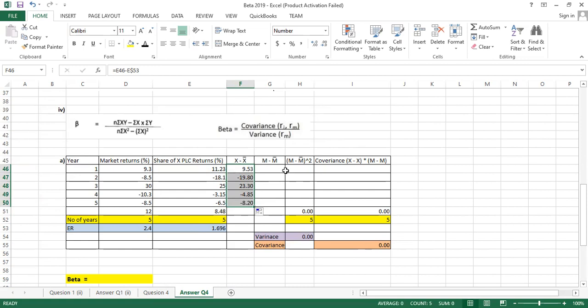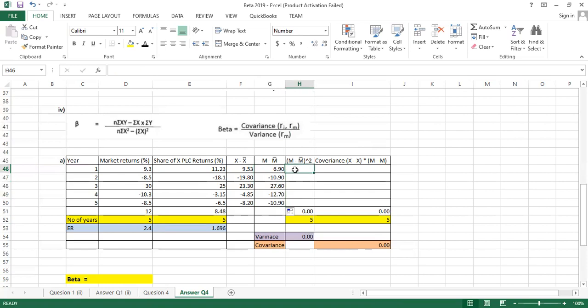Then we want to calculate m minus m bar. Let's see how to calculate m minus m bar. Equal m, the market return, minus m bar, the mean expected return of market. Then enter. So 0.90 is the year 1 m minus m bar. Likewise, we can calculate all the years. So this is the m minus m bar.